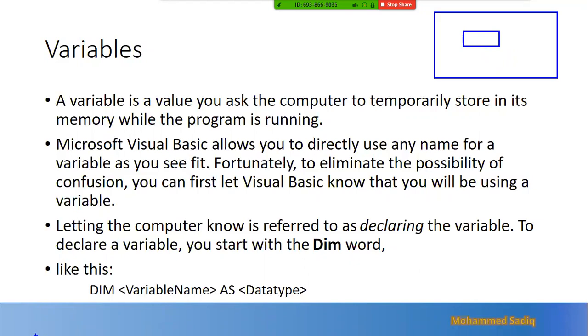Now it says a variable is a value that you ask the computer to temporarily store in its memory. So generally we use a variable like a container for storing some information. The variable also has a data type, which says what type of data it is going to store. And a variable is temporary, that means it is there only for a temporary period of time.